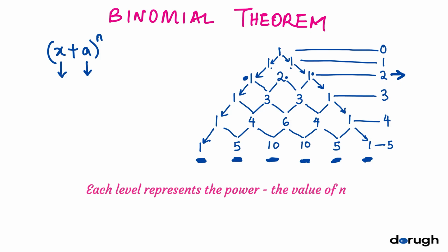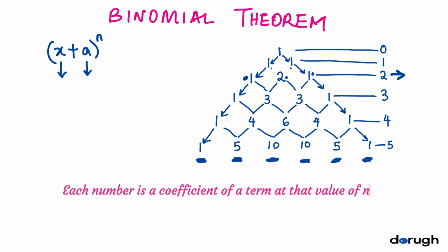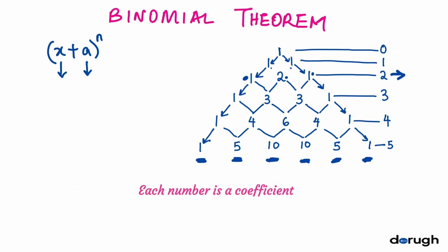The next is when n is 1, and so on till we get to wherever the value of n stops. We've also said that each of these numbers that make up the triangle are the coefficients for that particular level or for that particular power. So when n is 4, we have 1, 4, 6, 4, 1, which represents the coefficients.